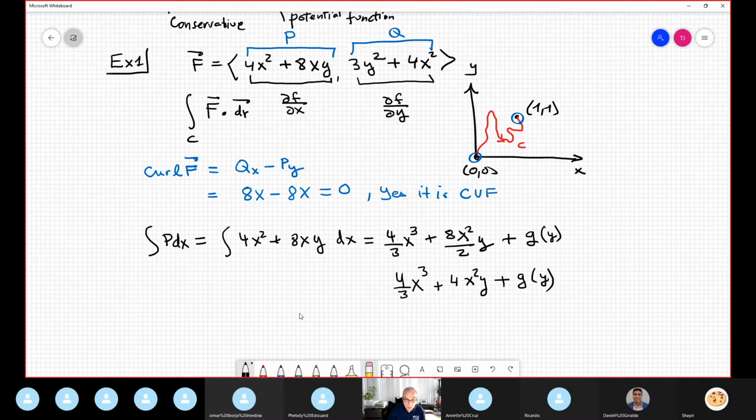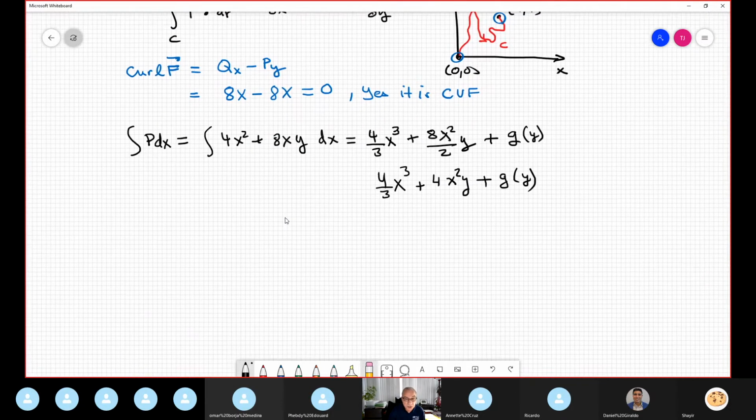Now that's it, no, because it's 2 dimensions. So I need to compute the anti-gradient dimension by dimension, Q dy. What is the expression for Q? Well, it is 3 y squared plus 4 x squared, dy. 3 is a constant, I put it outside, and you apply the power rule, it's y cubed over 3.